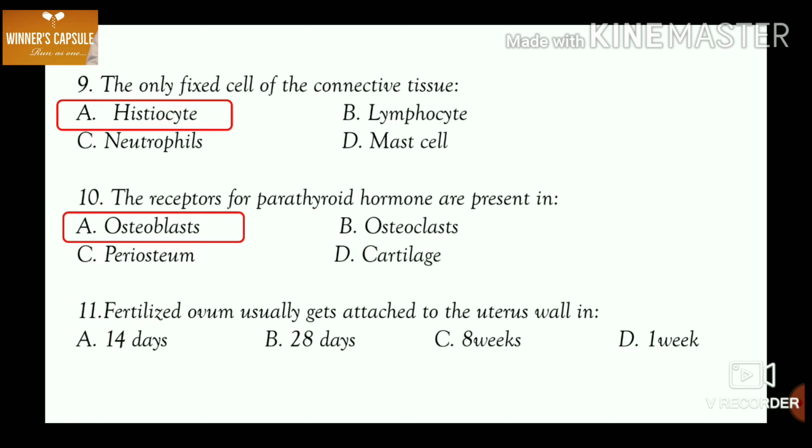So the receptors for parathyroid hormone are present in osteoblast. 11th one, fertilized ovum usually gets attached to the uterus wall in A. 14 days, B. 28 days, C. 8 weeks and D. 1 week. Answer is option D, 1 week. It takes almost 1 week for implantation of a fertilized ovum to the endometrial lining of the uterus. So fertilized ovum usually gets attached to the uterus wall in 1 week.